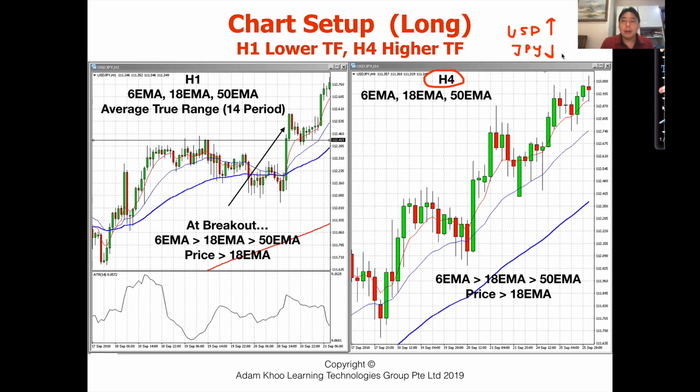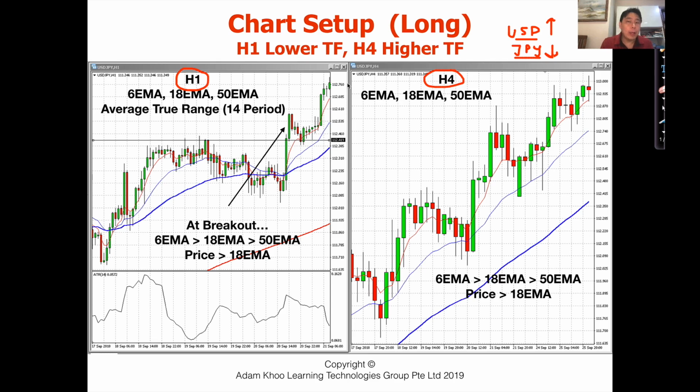That tells you that I'm looking to buy dollar and sell yen, which means I'm looking to go long on the USD yen, or go long on the dollar yen. So what I'll then do is look at both time frames, the higher time frame, in this case H4, and I'll also be looking at the lower time frame H1.